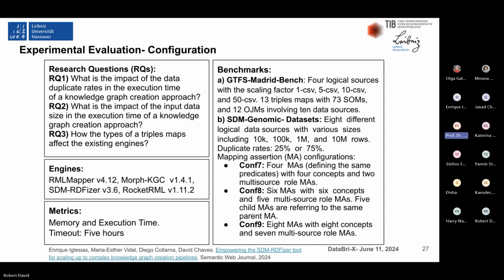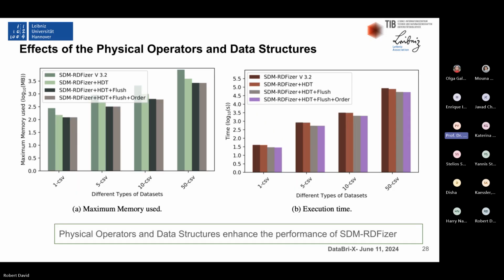So if we go next, you will see that until now I have shown several features that the SDM-RDFizer presents. Over time, we have developed the data structures, the operators, and so on. And something that is also important is to assess whether the features that we have implemented are actually reducing what we wanted to reduce, that is, execution time and memory.